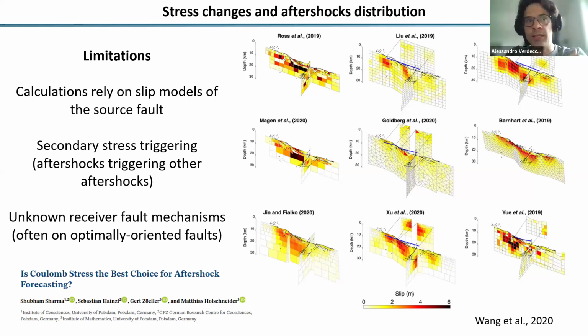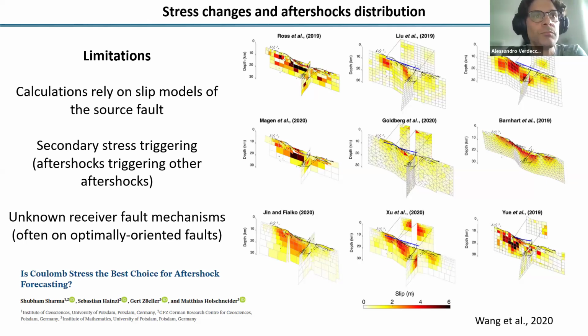Another limitation is that these models do not take into account the fact that aftershocks may trigger other aftershocks. Therefore, it's not that every aftershock is triggered by the main shock, but you can also have aftershocks triggered by the largest aftershocks that occur after the main shock.